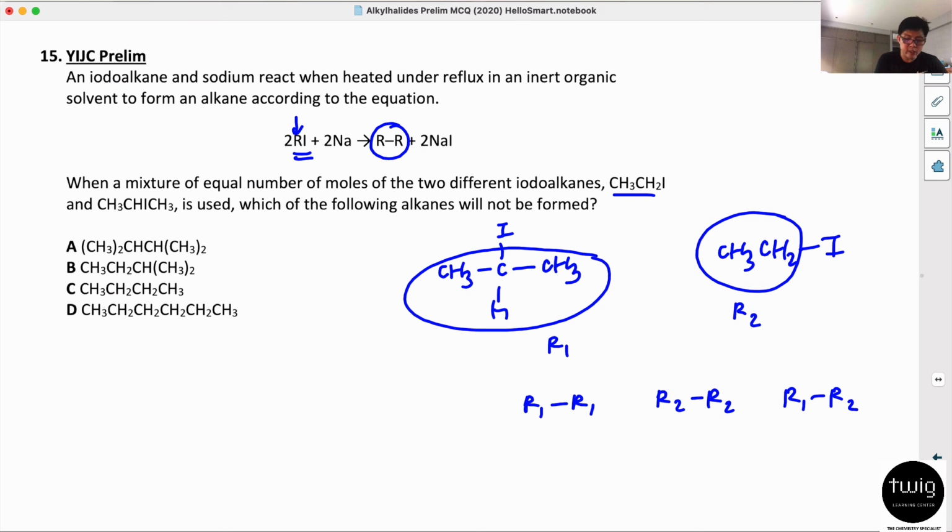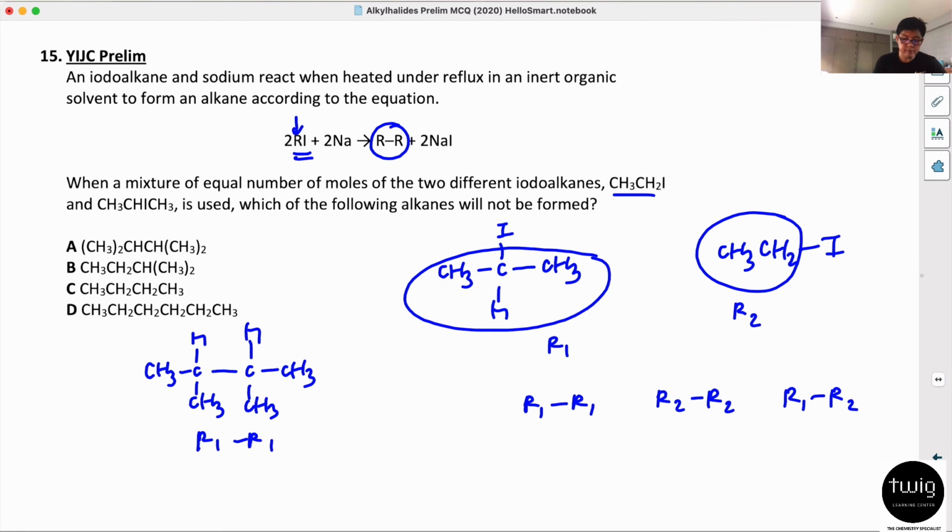So let's look at the possibilities. If you look at the first one, I'm going to just draw A and look at A. A looks like that. CH3, CH, CH3, CH, CH3, and CH3. So in fact, this is actually R1.